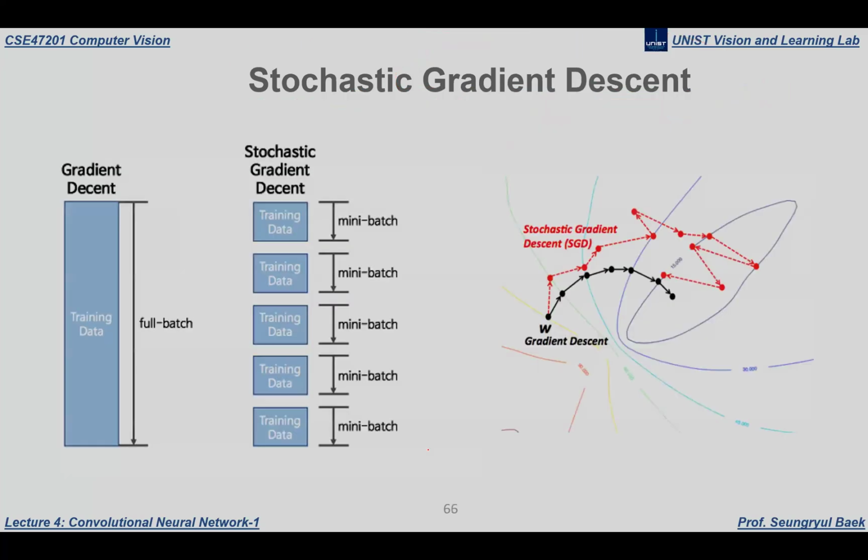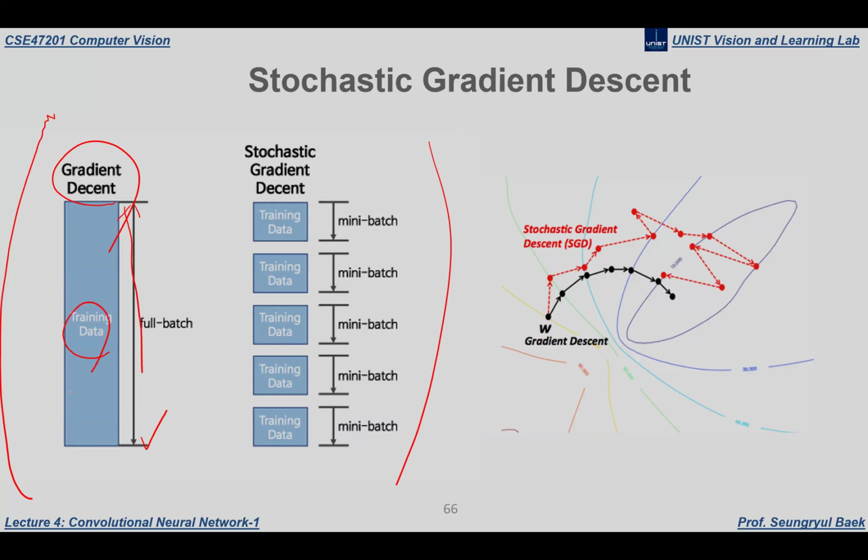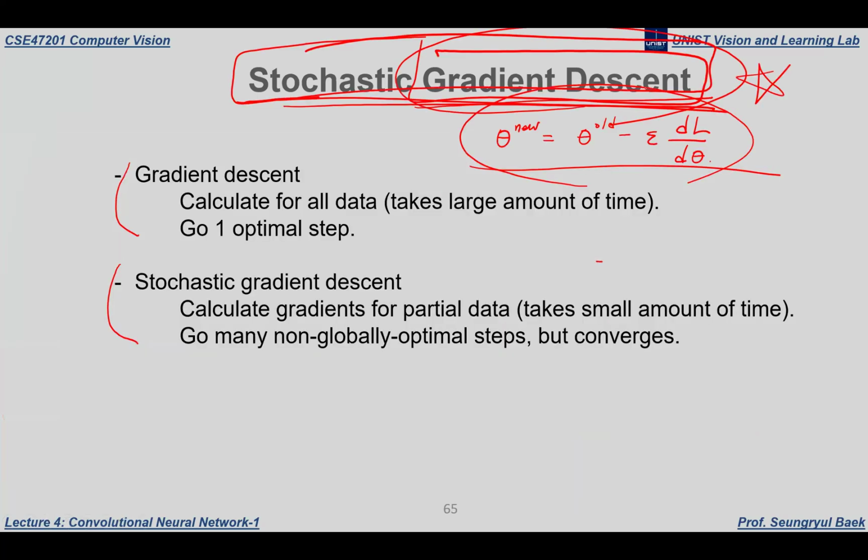This figure explains well the difference between the two. So far, we did gradient descent: after seeing all the training data, we calculate these terms to update the parameters.